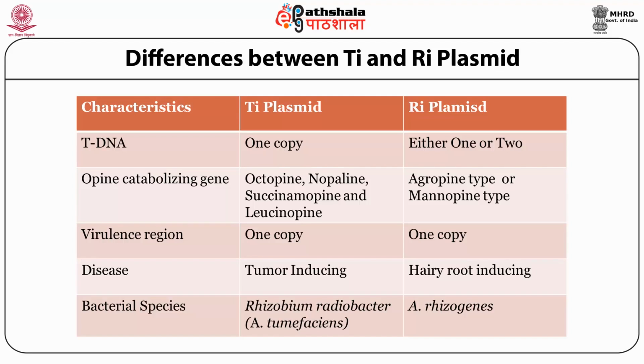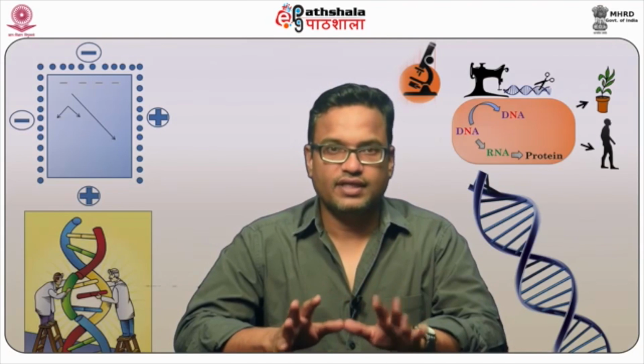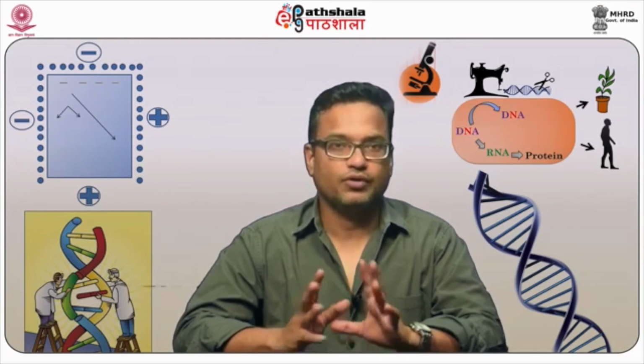And as I mentioned earlier, the hosts of these two plasmids are different bacterial species. Ti plasmid is found in Agrobacterium tumefaciens, which is now named Rhizobium radiobacter, and the Ri plasmid resides in Rhizobium rhizogenes.